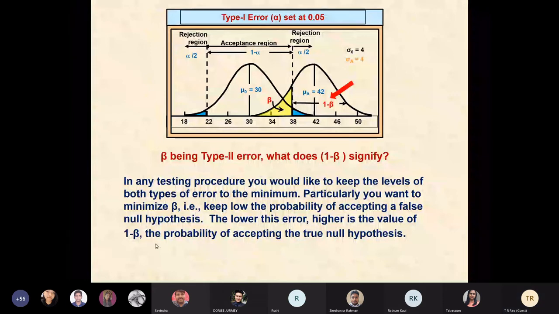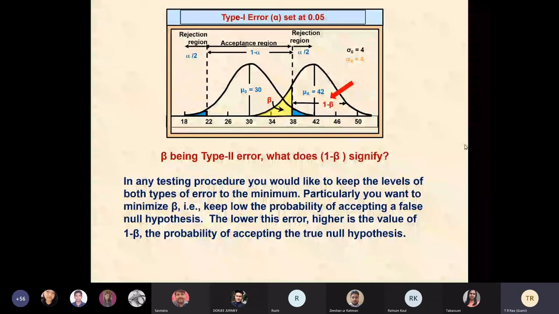Okay? This means the more powerful a test is, the less likely you make a beta error. So I told you in the beginning that there is no way you can set a beta error because you don't know what the alternate hypothesis is.